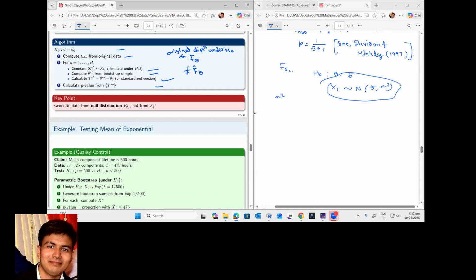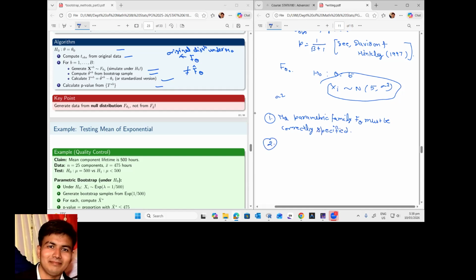First is that the parametric family f theta must be correctly specified.